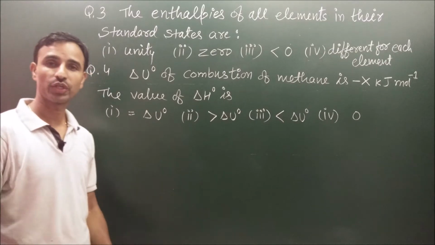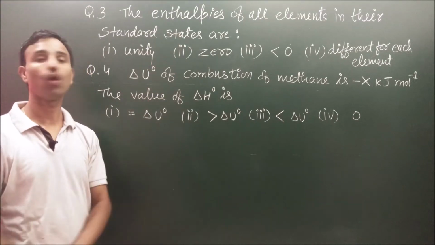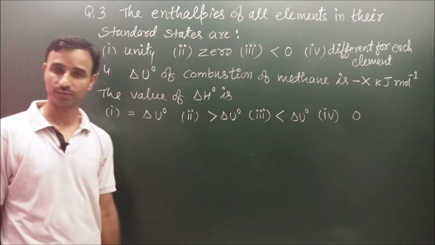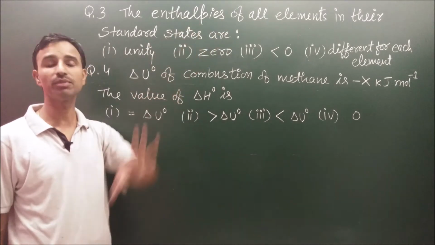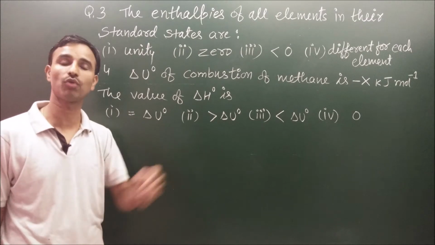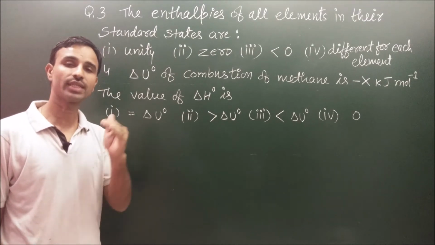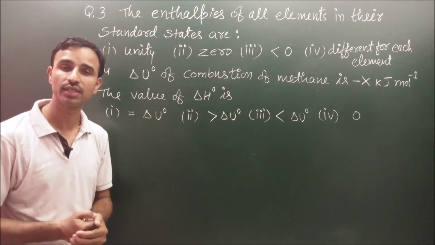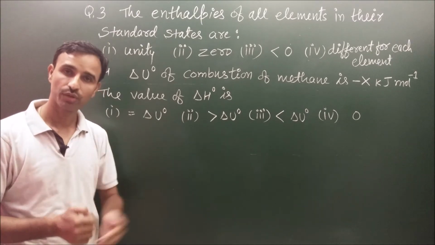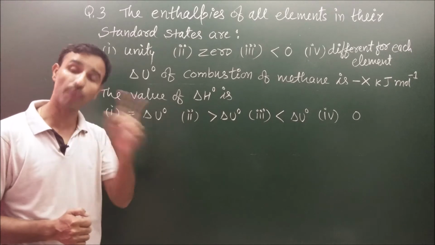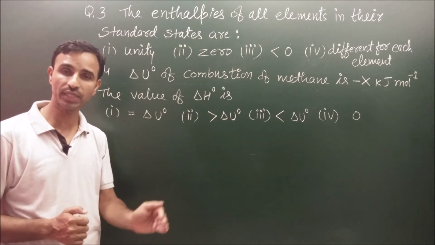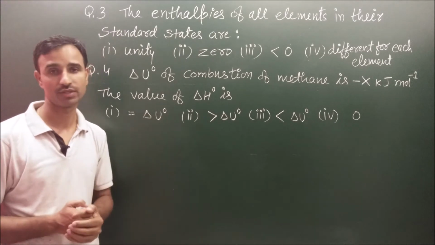So question number 3. The enthalpies of all the elements in their standard states are. Actually, enthalpies of all elements means enthalpy of formation of all elements. So what is enthalpy of formation? Enthalpy of formation is defined as enthalpy change when 1 mole of compound is formed from its constituent elements in their standard state.